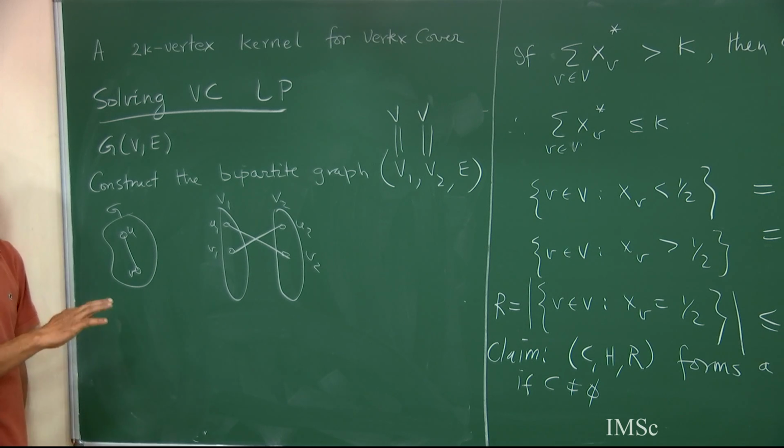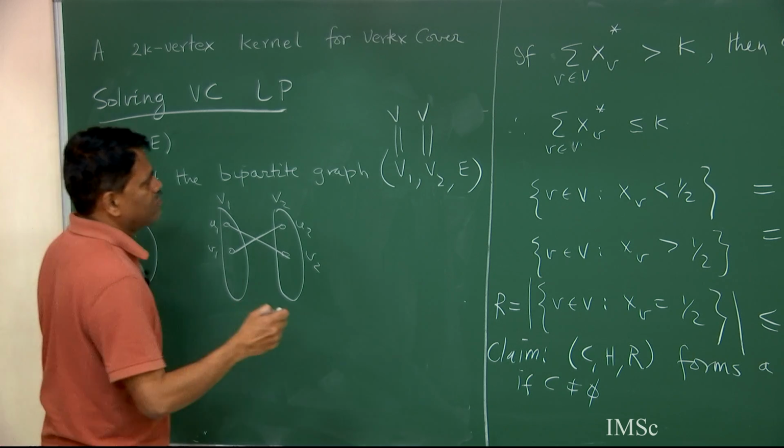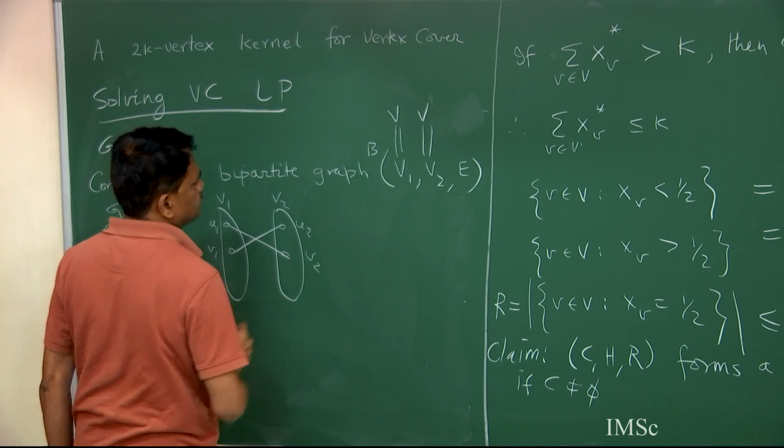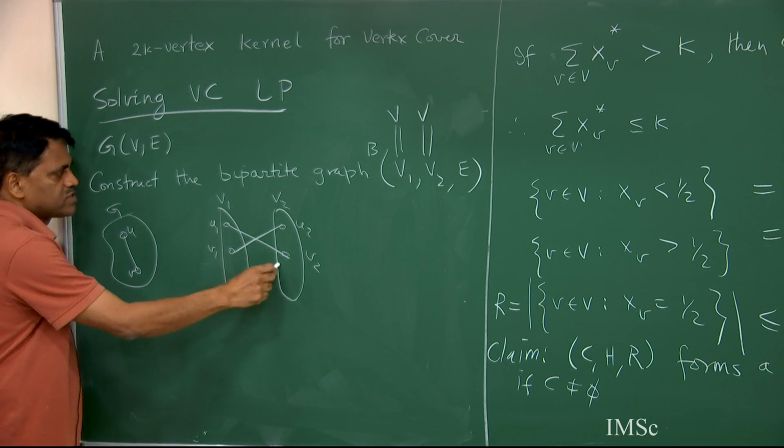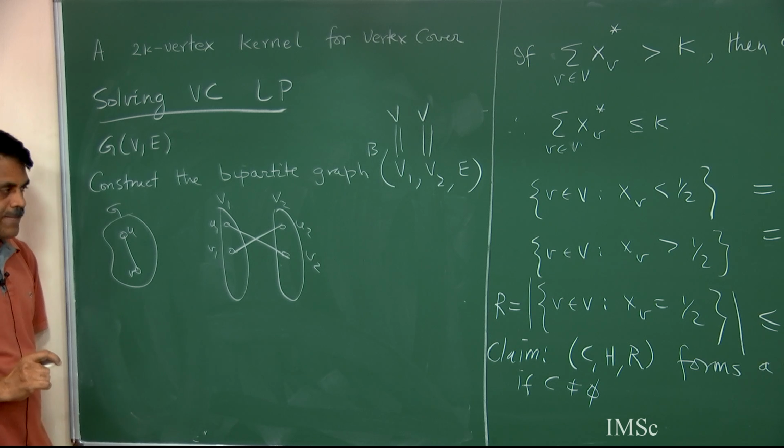Is there a name for it? Join something? No. G1 cross G2? Here, are edges there or not? No edges, so it's not G1 cross G2. Okay. So this is a bipartite graph, let's call it B. Whenever there is an edge here, you will have these two edges here.